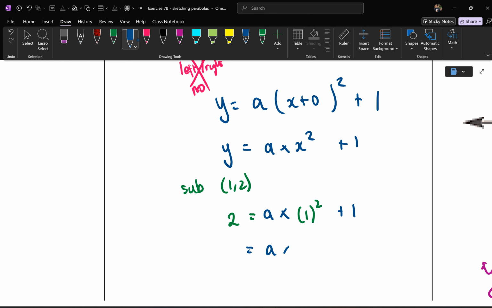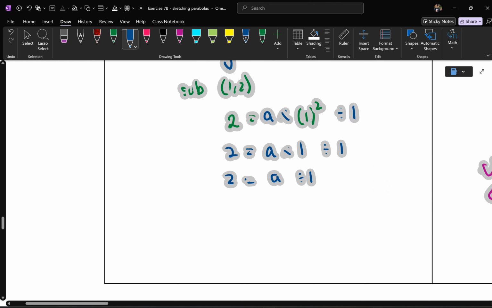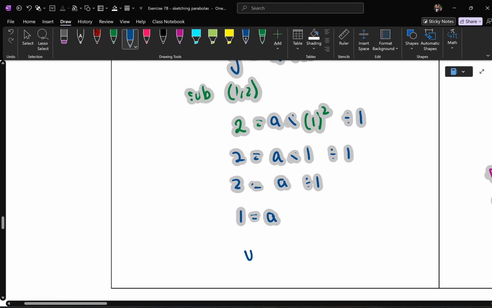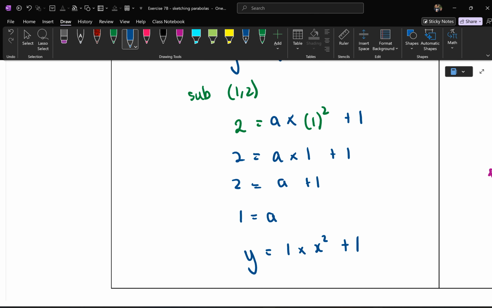And it turns out to be just a times 1 plus 1, and it becomes a plus 1 equals 2. Solve for a, take away 1 on both sides. a equals 1. So that means your equation should have been y equals 1 times x squared plus 1, or you might as well just call it x squared plus 1, the way that Sean had said.